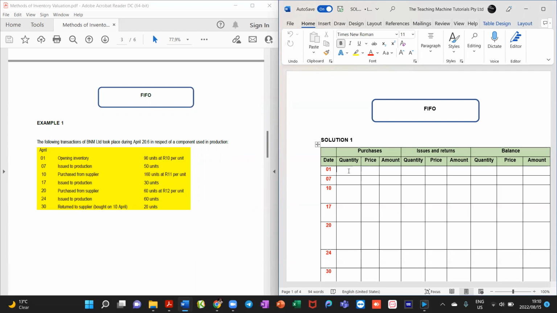All right. So there are 3 departments with regards to the inventory. The first department will be the business's premises where they keep stock. The second department will be the factory where they will issue the inventory for the production process. And then there's a supplier where the business buys stock. So if it says issued to production, it means the stock was taken from the stock room and issued to the factory.